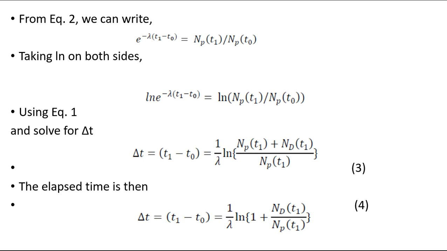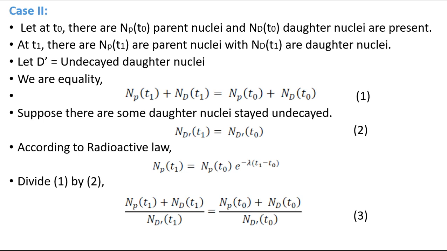If we solve this second term, we can find delta t with a simple calculation, where delta t is the time difference, t1 minus t0, and now we have the elapsed time in calculable form. Dividing Np(t1) by Np(t1), we have a 1, and we have equation number 4.